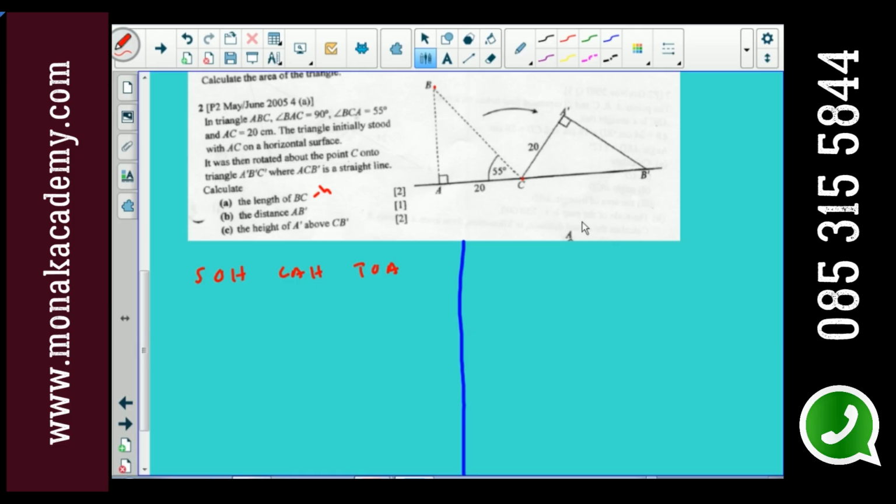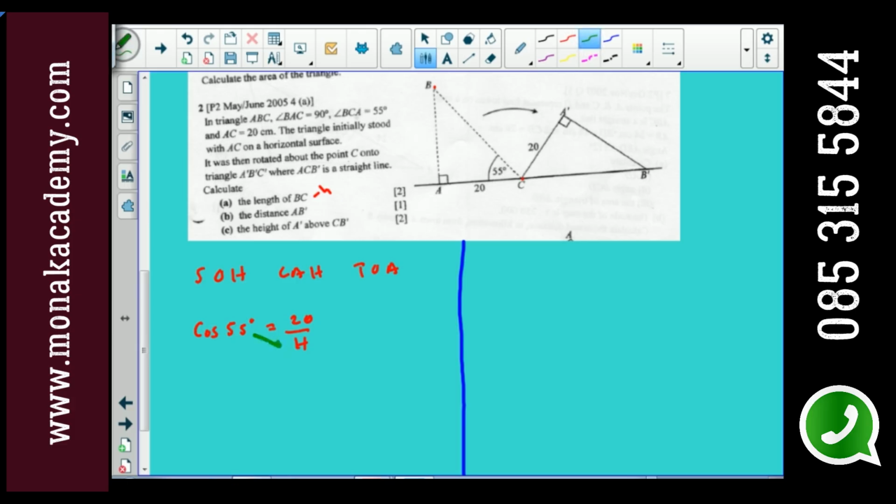We totally agree. So if it's CAH, we know it's going to be cos of the given angle, which is 55 degrees, equals adjacent, which is 20, over H. Our H we know is BC, but for now we'll just call it H. So now, simple, we do what is called cross multiplication to make our life shorter.